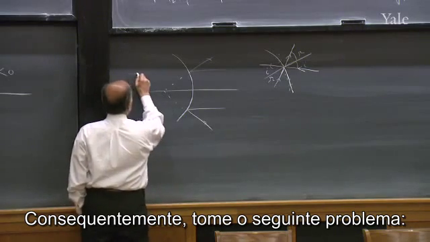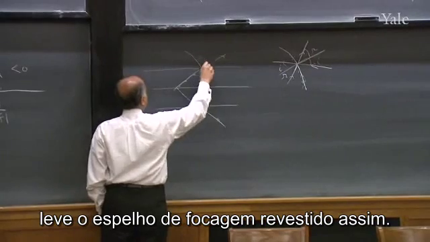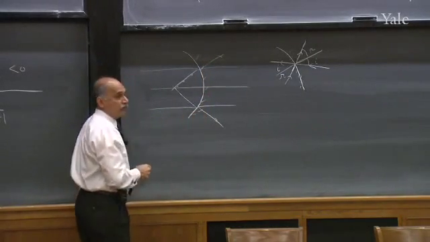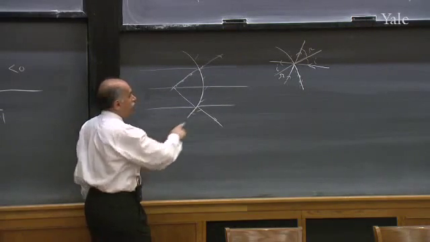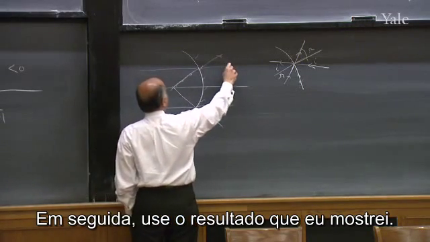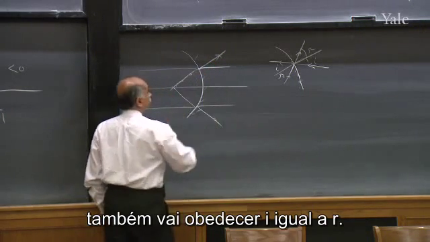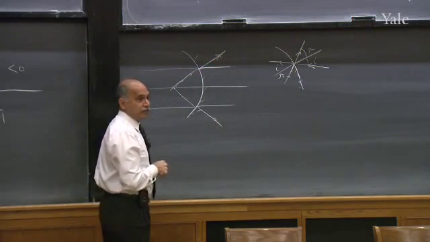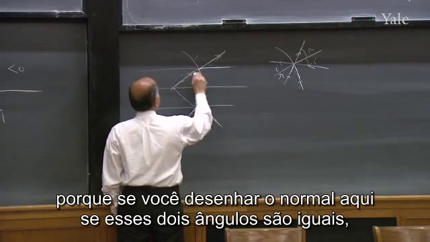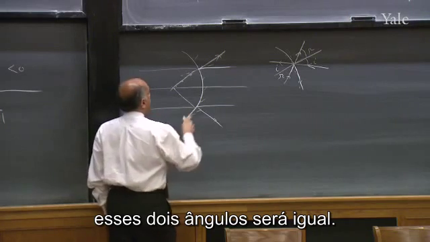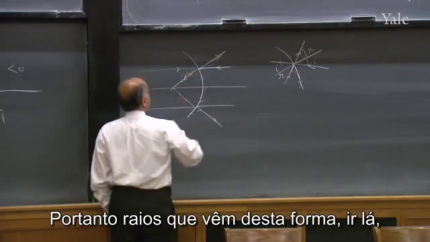Consequently, take the following problem. Take the focusing mirror coated like this. We know these lines will come and join here. Then use the result I showed you. That will then show you that the mirror image of that on the other side will also obey I equal to R. Because if you draw the normal here, if these two angles are equal, those two angles will be equal. Therefore, I know this will lead to that, and that will match this one.